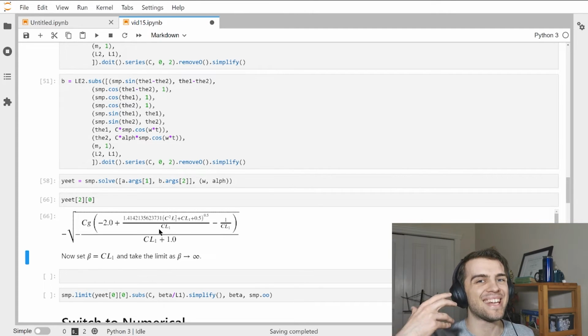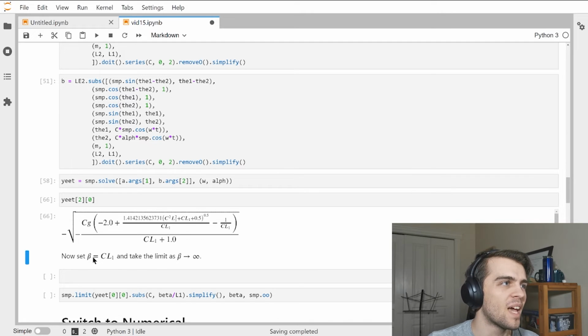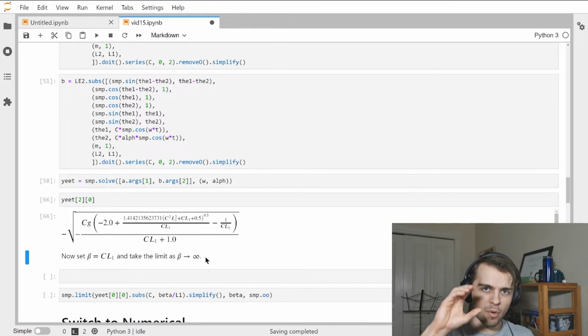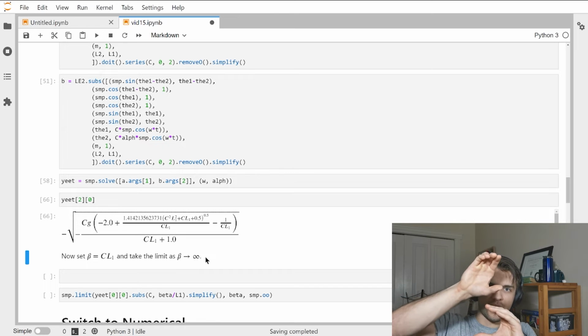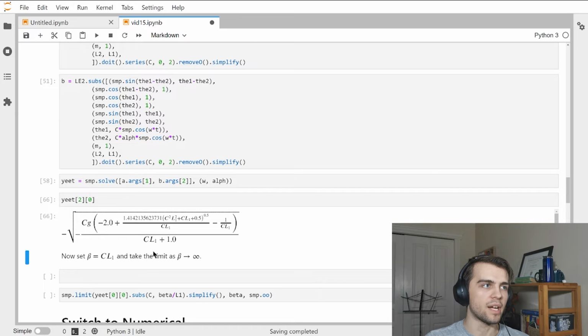But we're going to make yet another approximation. Let's let a new variable beta equal C times L1, and let the limit beta go to infinity. What does that mean? Well, remember, C is the amplitude in radians of the oscillation of the pendulum arm, and L1 is the length of the pendulum arm.